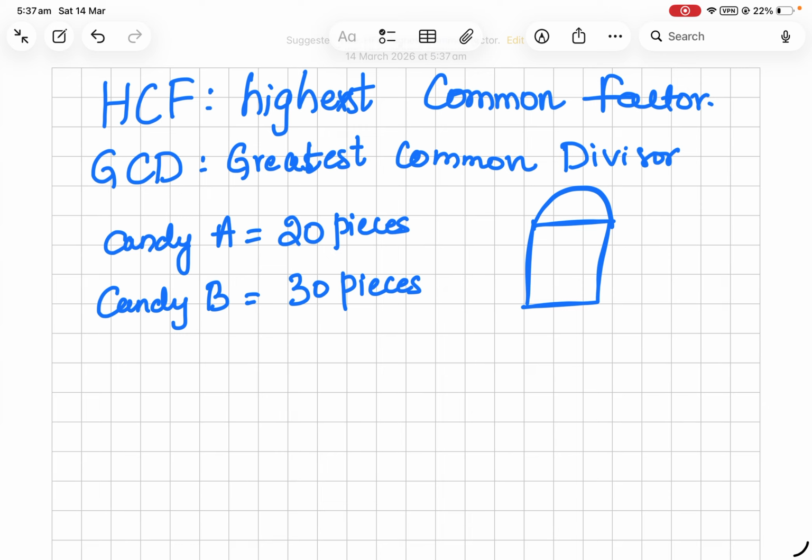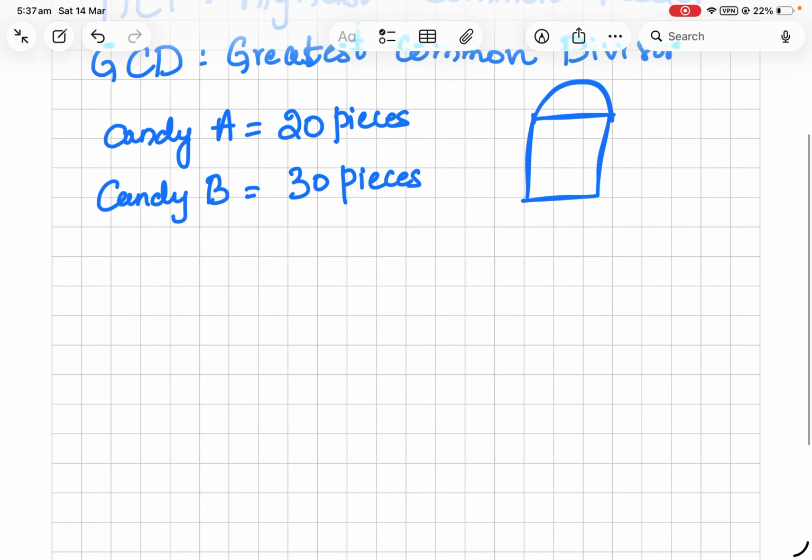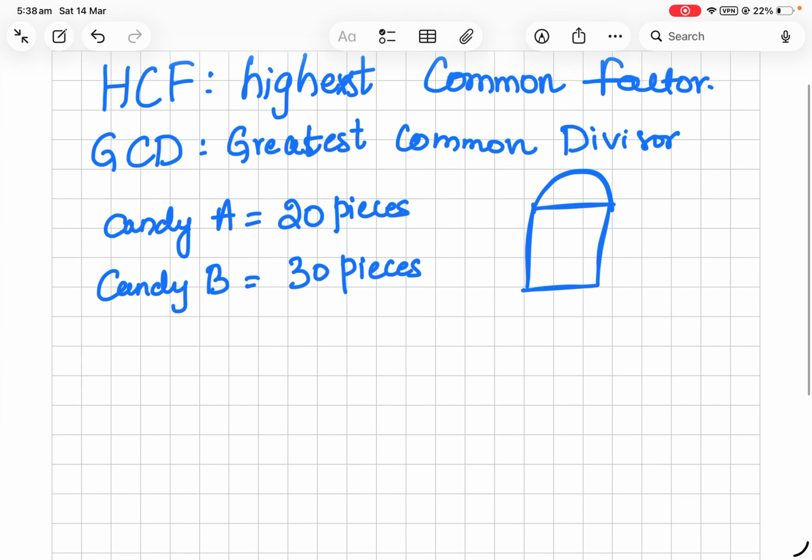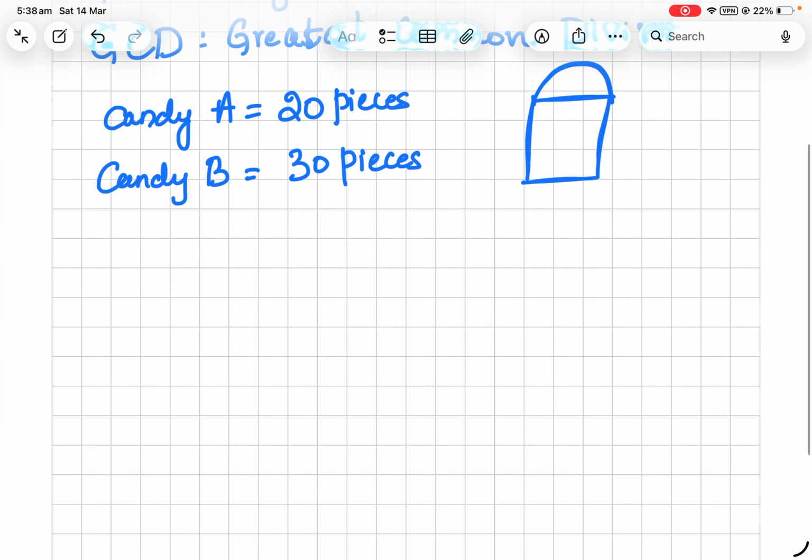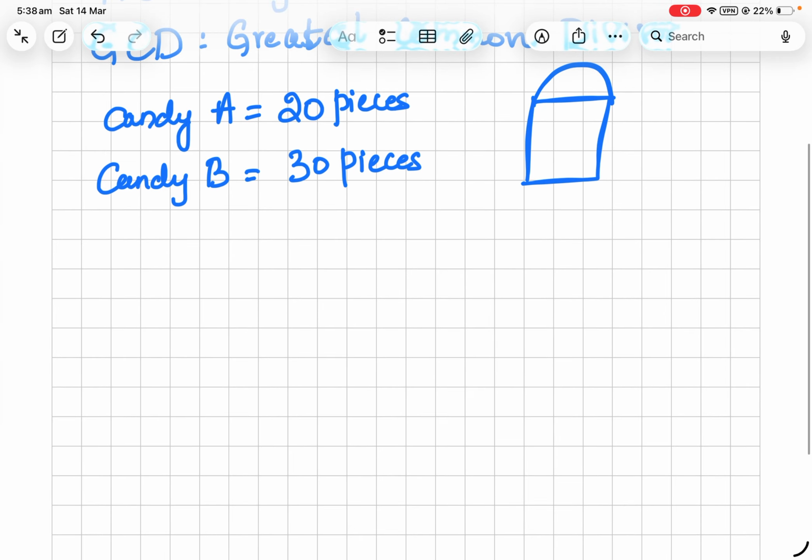So this is our goodie bag. All right, so what you're going to do is write factors. The word itself suggests factors. So what are the factors for 20?